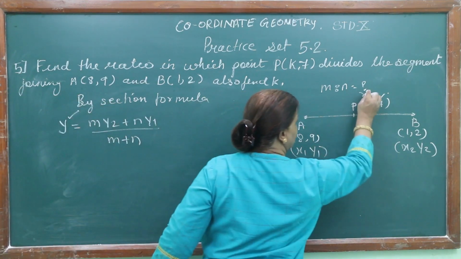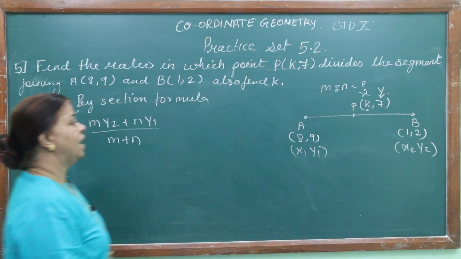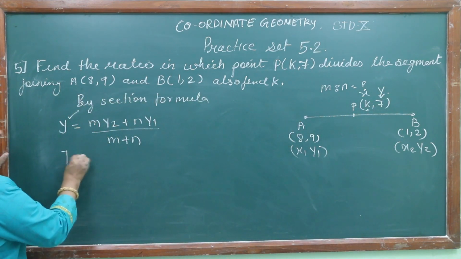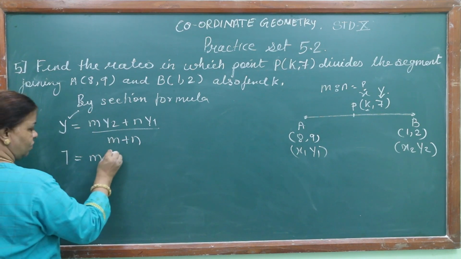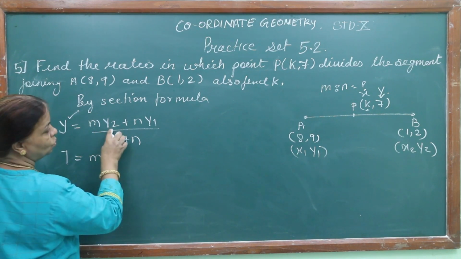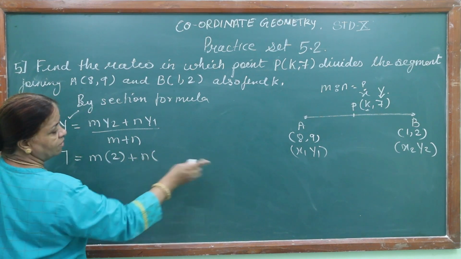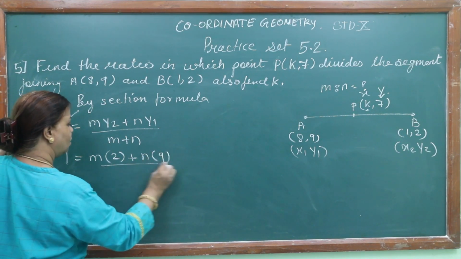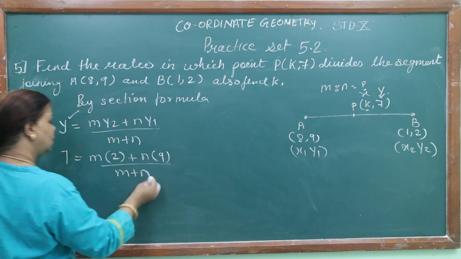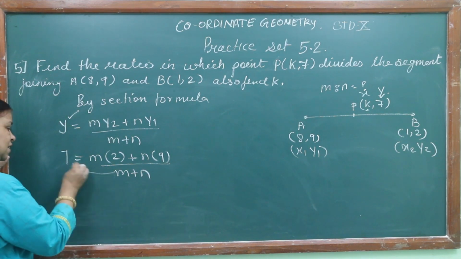This is x, this is y. So 7 equal to m into y2. y2 is how much? 2, plus n into y1, which is 9, upon m plus n.